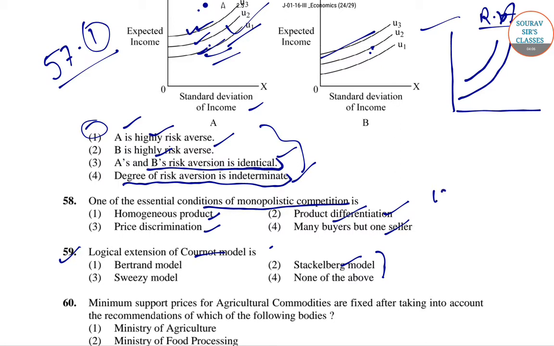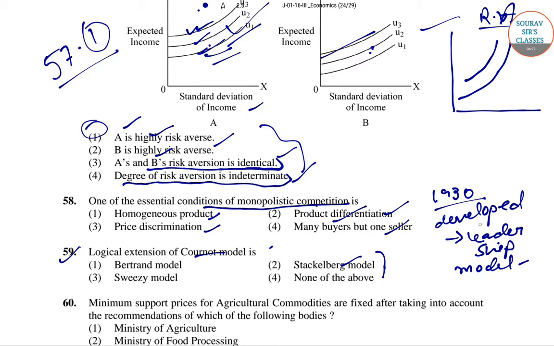So in 1930 a German economist developed his leadership model, known as the Stackelberg model.